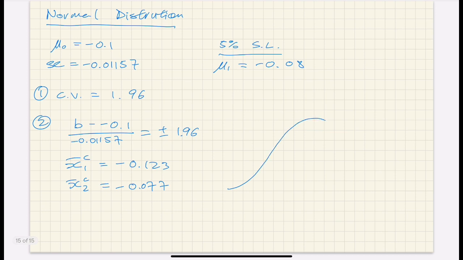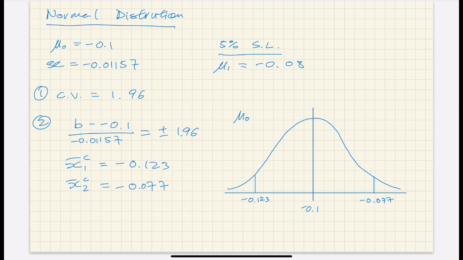We draw a normal distribution here, and we know that the sample mean is equal to negative 0.1, and we found our two values, which are negative 0.123, which is more negative than negative 0.077. And so this is the first part of the graph with mu naught. Now this is part 2 completed.